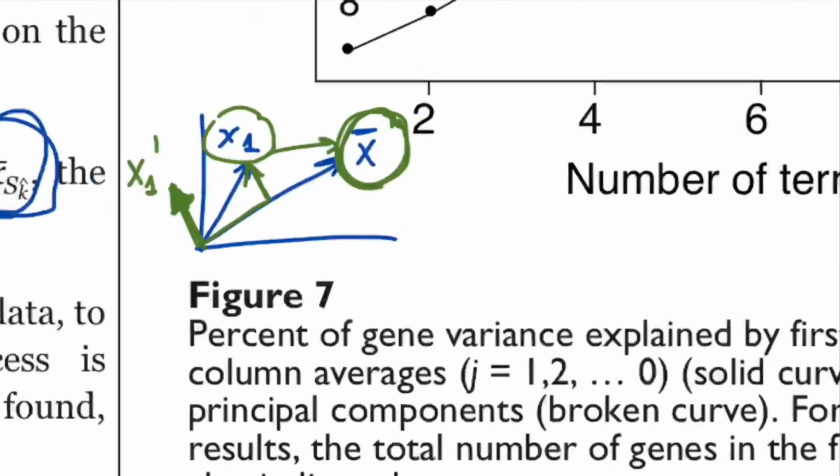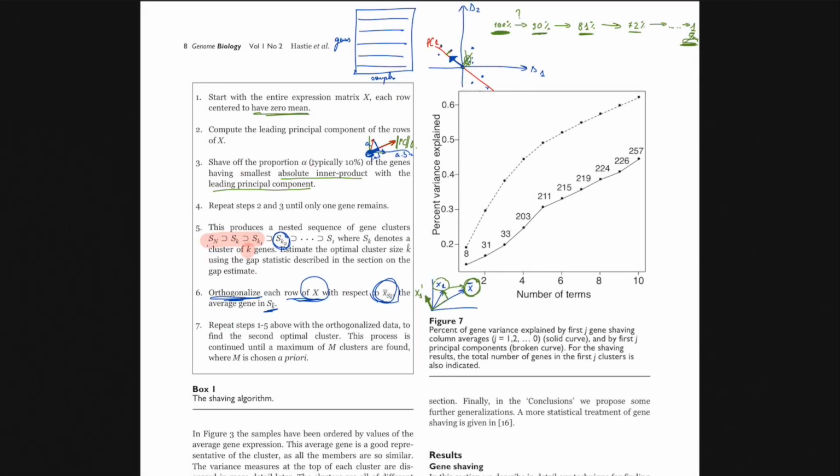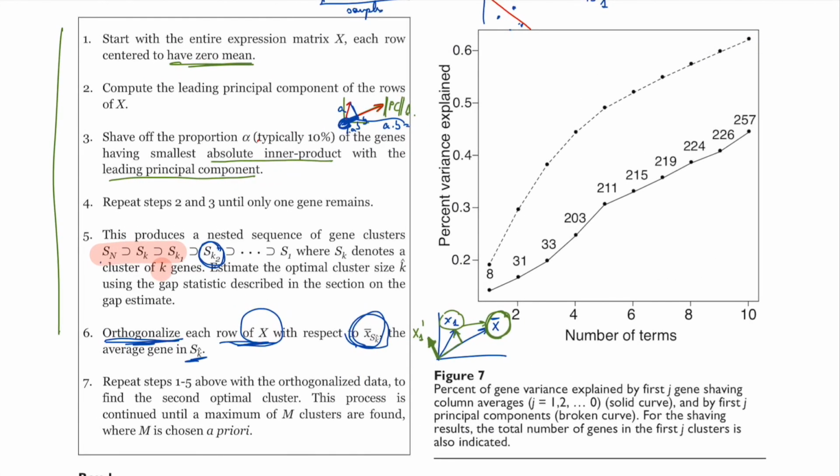Now, why do you do this? You do this because you are going to apply this algorithm multiple times. You want to obtain a total of m clusters. At one iteration, you compute only one cluster, but you need more. You want m. So you are going to iteratively run this algorithm multiple times.